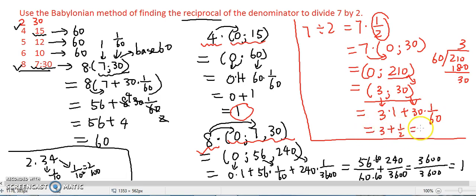That is 3.5. And we know 7 divided by 2 is exactly 3.5. But when you do the homework, you don't have to verify all that. You can just stop right here. So this will be the answer for 7 divided by 2 in the Babylonian way.